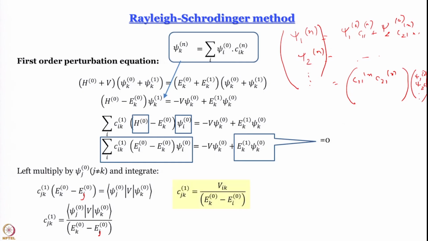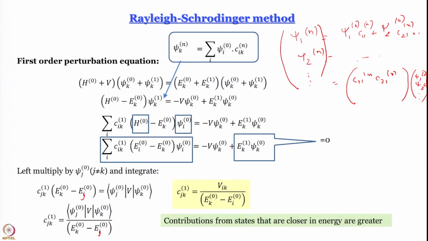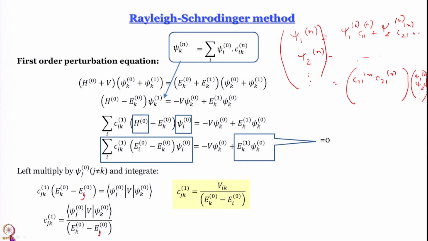So, what I will do is I will write this integral here as Vjk, not ik, Vjk, and this is again going to be j, sorry.